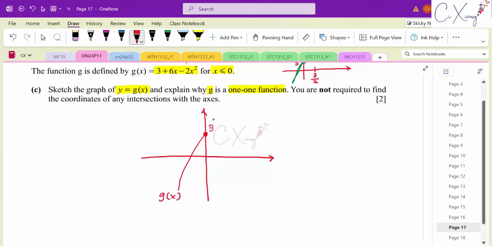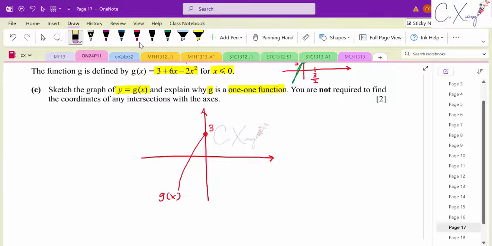And how do I know that it is a one-to-one function? Basically, when you draw any horizontal line, it will always have only one intersection point with the function g(x) at a time. When you move the horizontal line up or down, there's always only one intersection point.